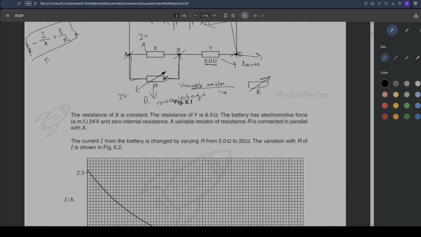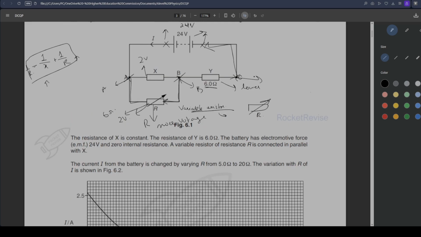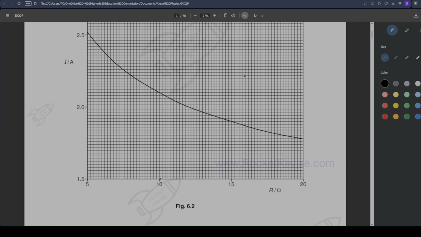So for the value of R, which is equal to 6 ohms, we need to calculate the potential difference across A and B. And we can get the value of I from this graph, and this is like 15 small blocks, so every single small block is 0.33.